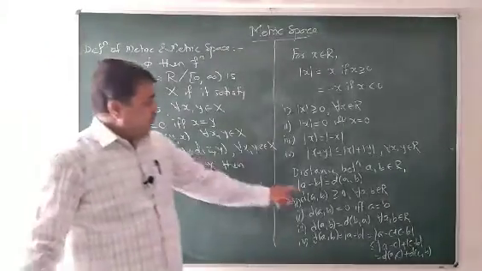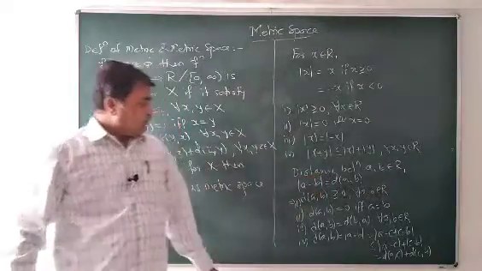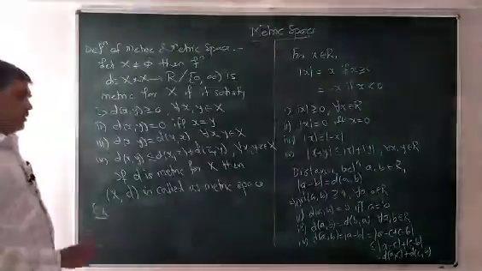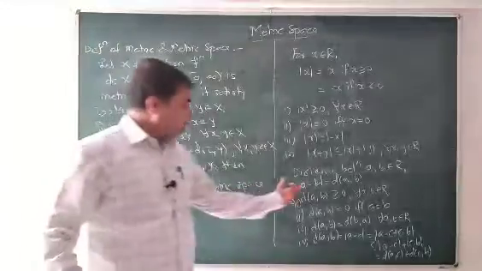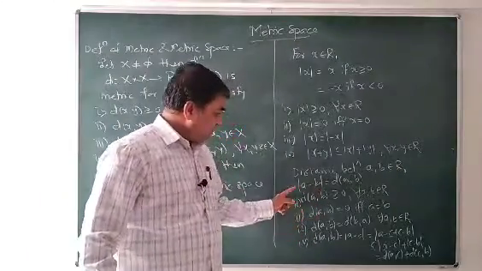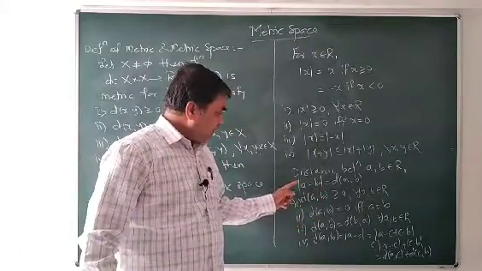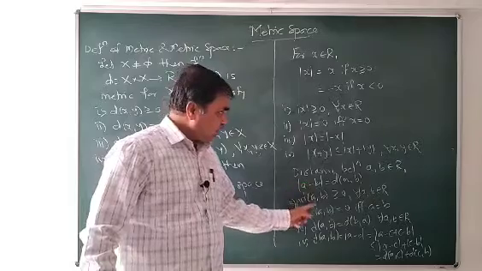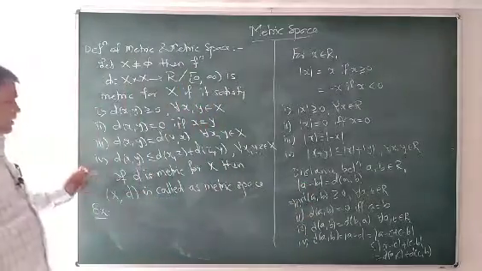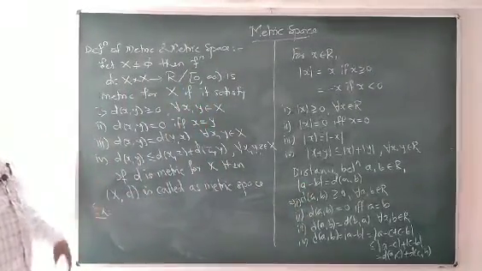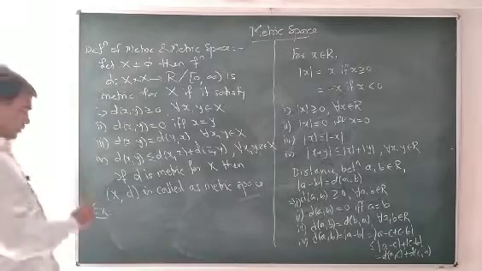So by previous discussion, if I take d of xy is equal to mod of x minus y, then that d of xy equal to mod of x minus y satisfies all these four conditions. Therefore, set of real numbers is a metric space.